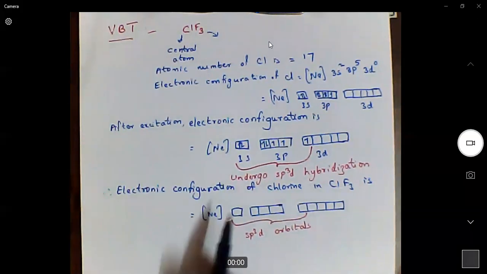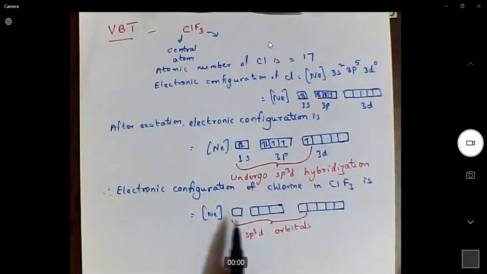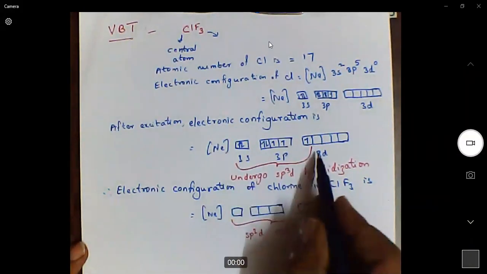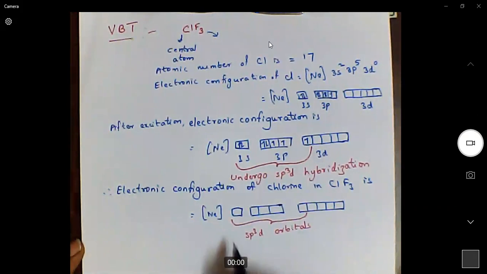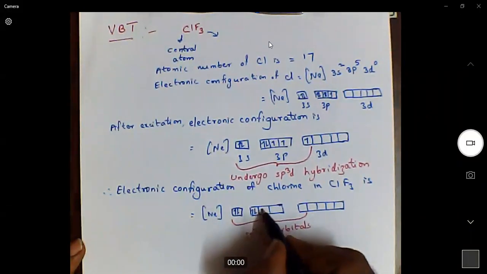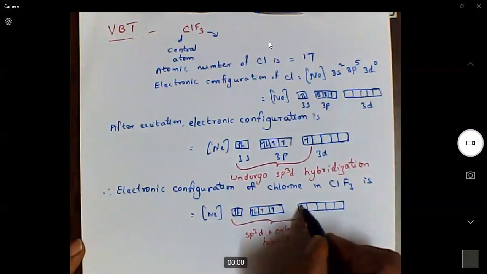After hybridization, we don't change the representation of orbitals, but we will rename them. Here they were atomic orbitals, now they are hybrid orbitals, sp3d hybrid orbitals. Now the electronic configuration is, of course, 2 electrons in the first orbital, 2 electrons in the second orbital, 1 electron here, 1 here and 1 here.